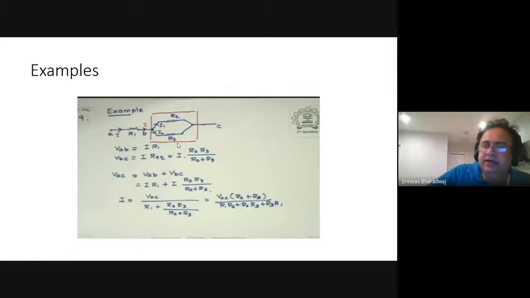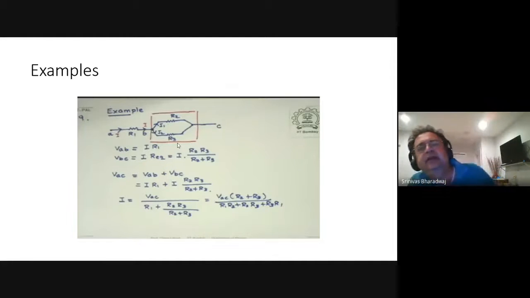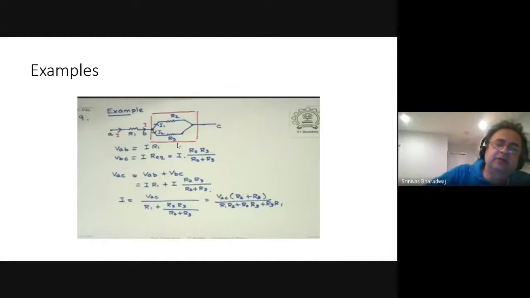How do you get that value? 1 by REQ equals 1 by R2 plus 1 by R3, and if you simplify that and cross multiply, you will find that you take the LCM, which is R2 R3, the numerator becomes R2 plus R3, therefore REQ equals R2 R3 divided by R2 plus R3, for this combination alone.